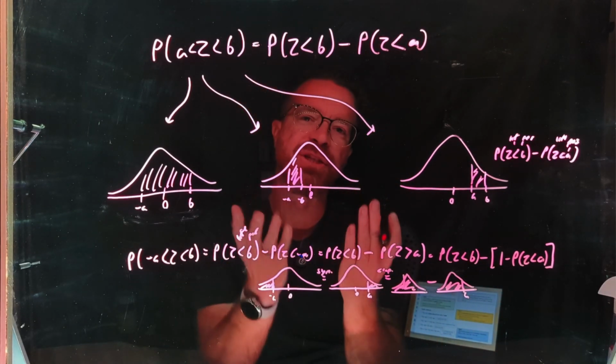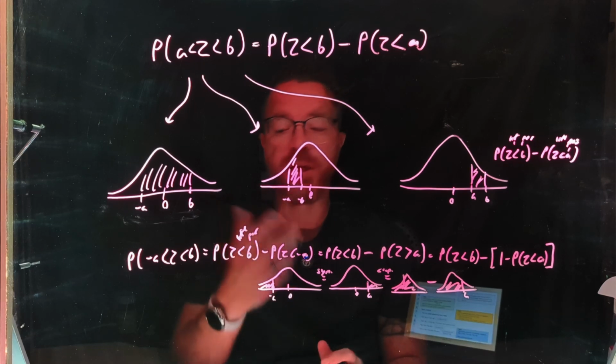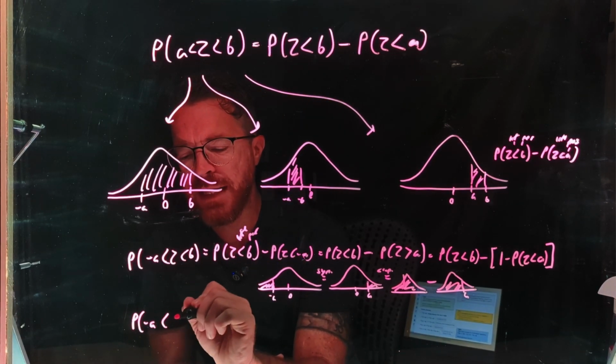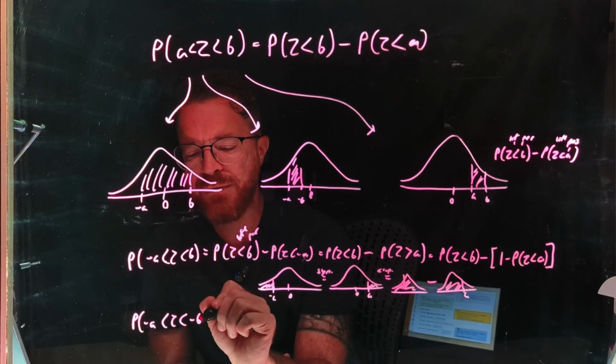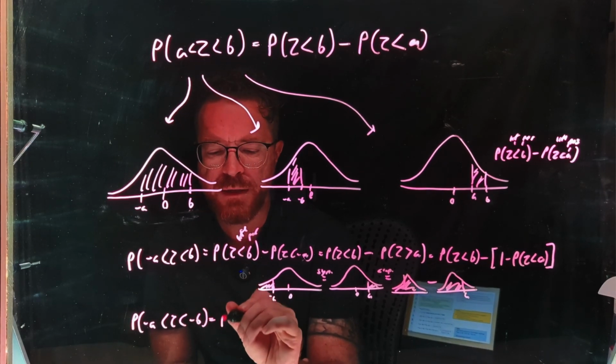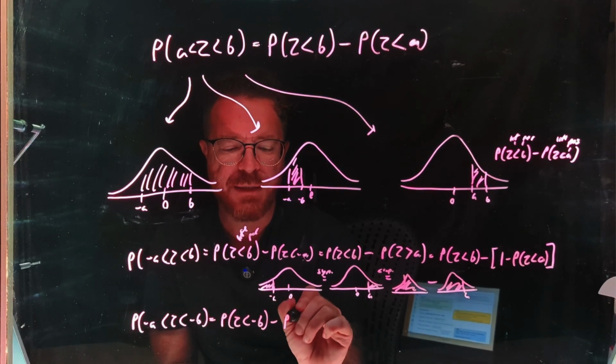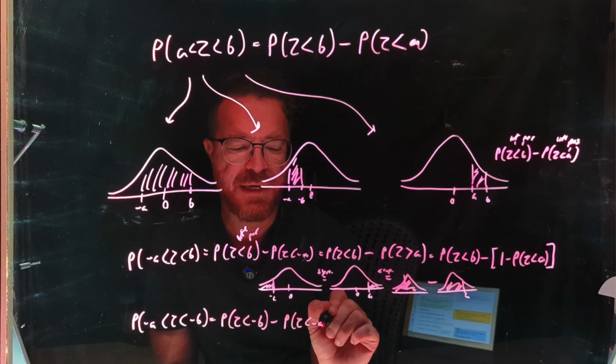The last case, which is the most complicated, is when a and b are both negative. So if I have the probability of negative a less than z less than negative b, this will be the probability z is less than negative b minus the probability z is less than negative a.